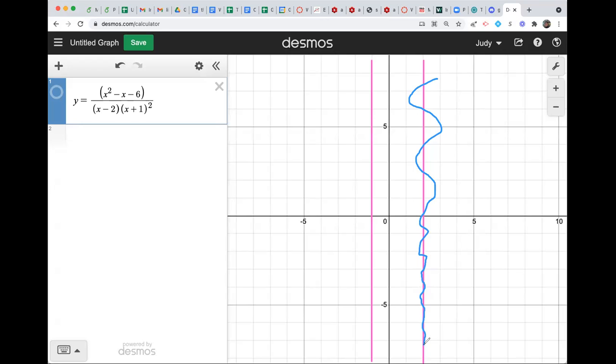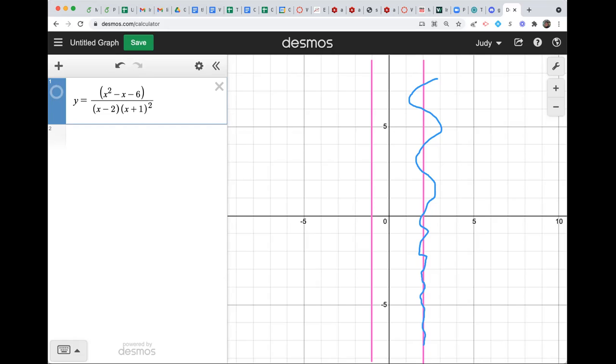So when we talk about functions that have vertical asymptotes, we cannot cross a vertical asymptote, then our graph is no longer a function.